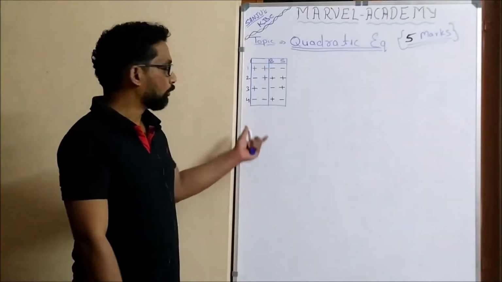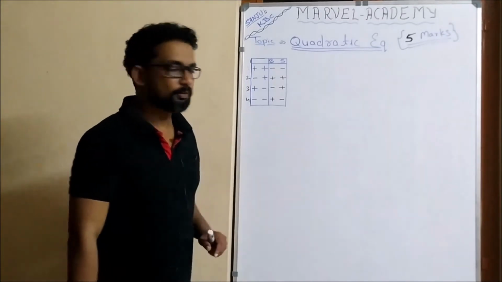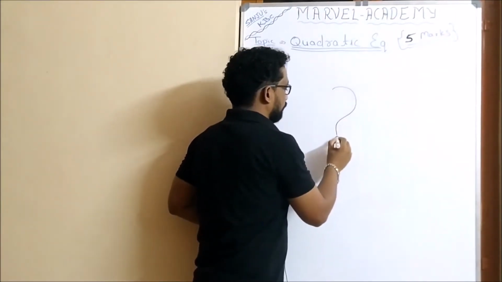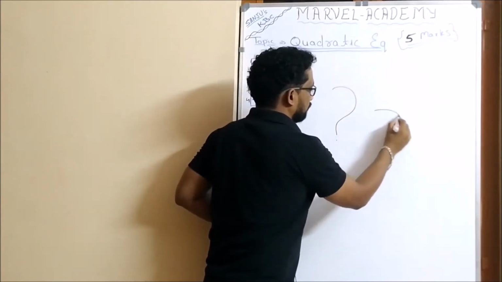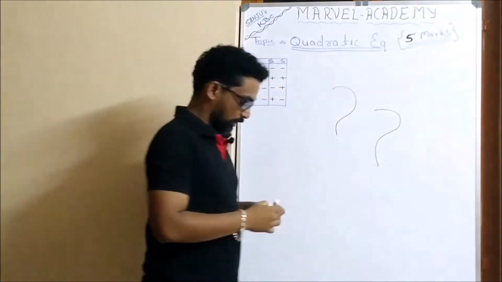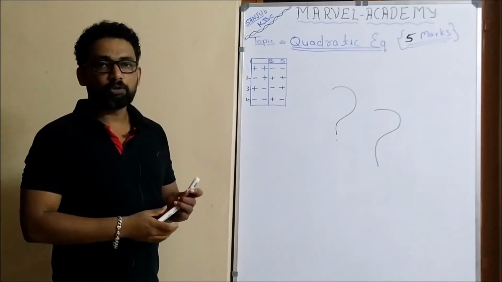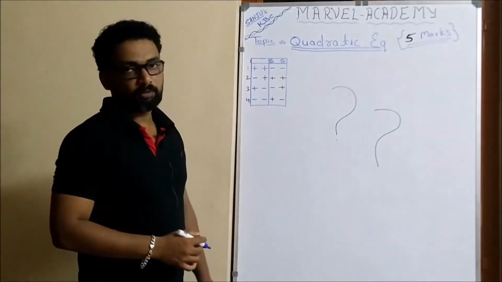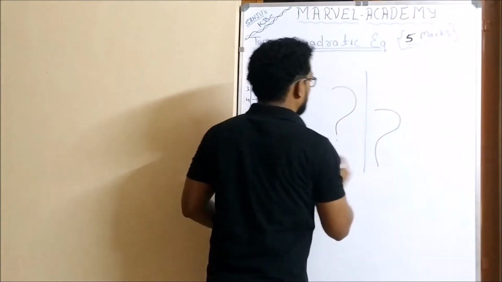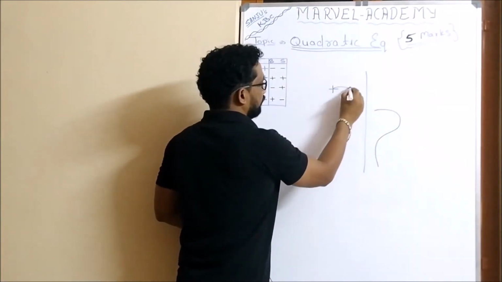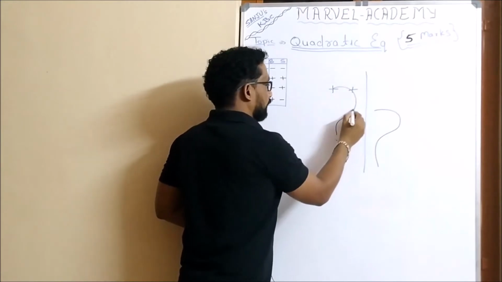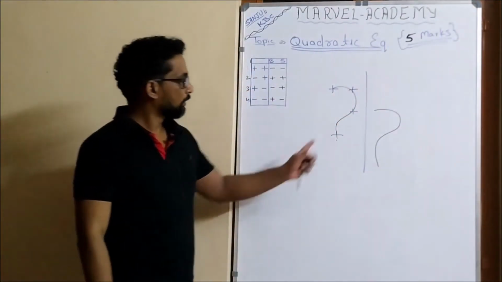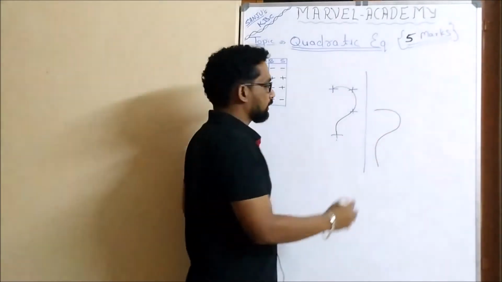Now we will learn how to remember this structure. Basically, there is a two question mark concept. We have to follow this question mark to learn the table. How? See, wherever the question mark is, put a plus sign over there, as well as over this.